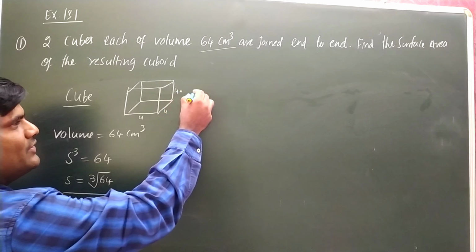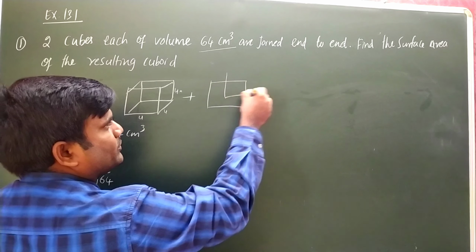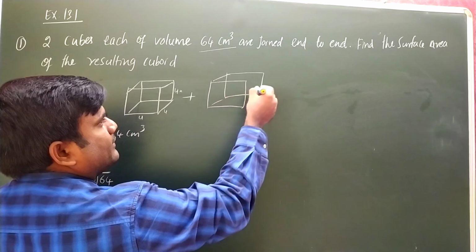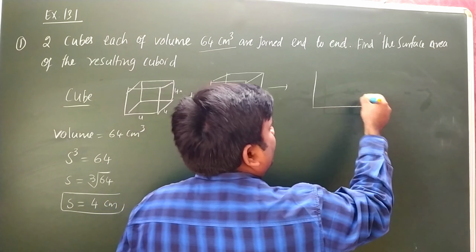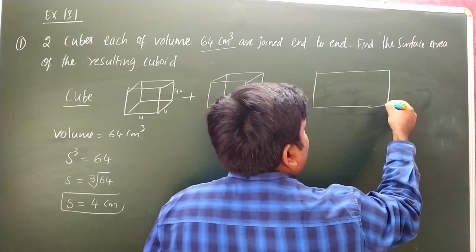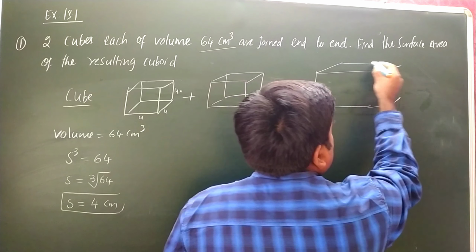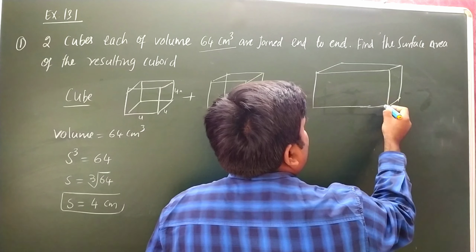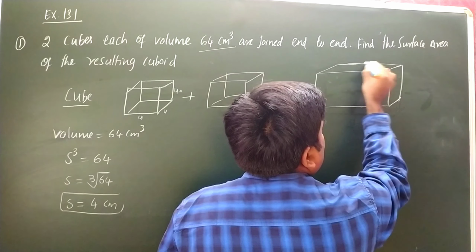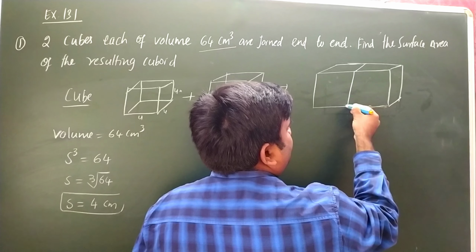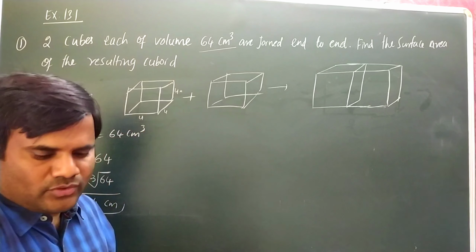So length, breadth, height are all equal to 4 centimeter. Like this we are adding 2 cubes, we are joining 2 cubes, and as a result we will get one cuboid.